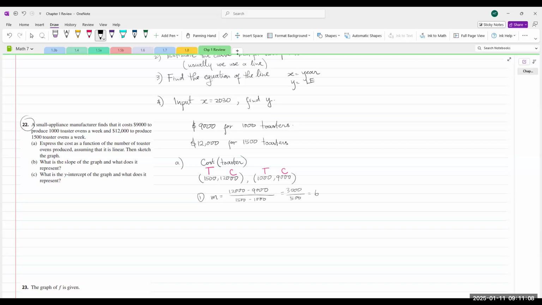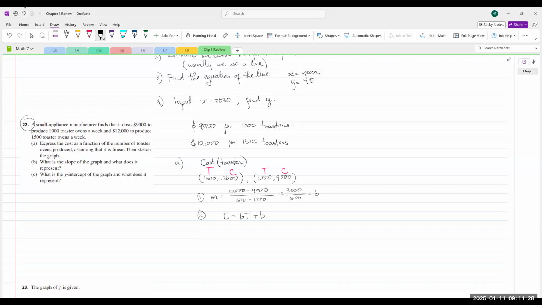That's the slope. And then as for the y-intercept, I'm sorry, the cost function as a function of toaster: cost equals 6 times the number of toasters plus the y-intercept.